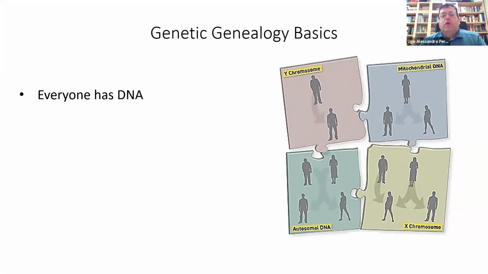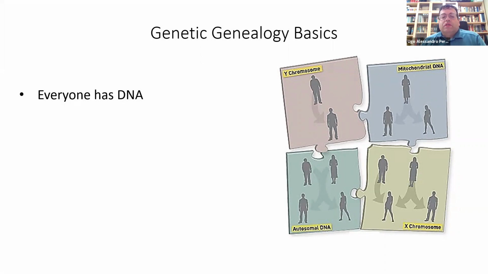And nowadays we also have many kids that are born through maybe a sperm donor and don't know who their father is. So genetic genealogy sheds some light on these types of relationships that might be more complicated.